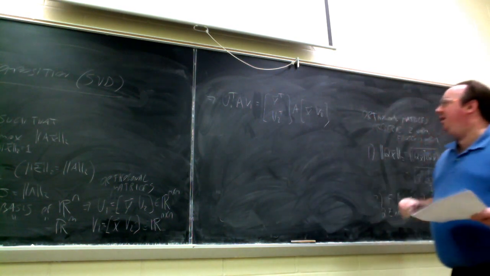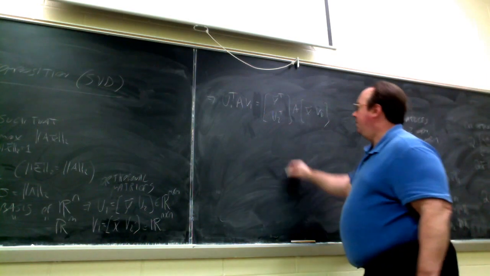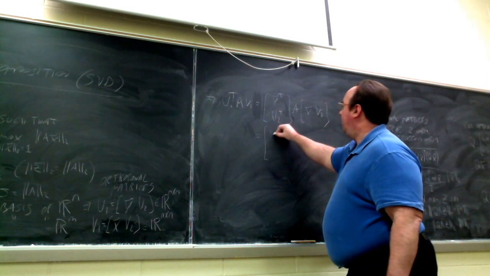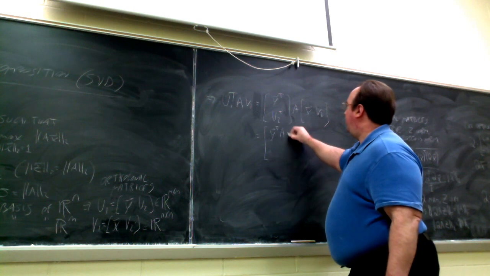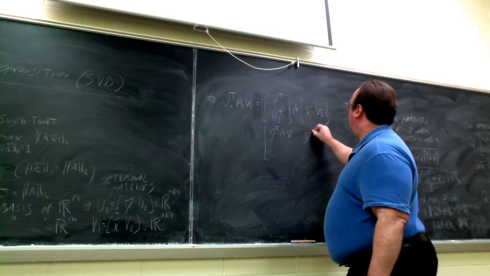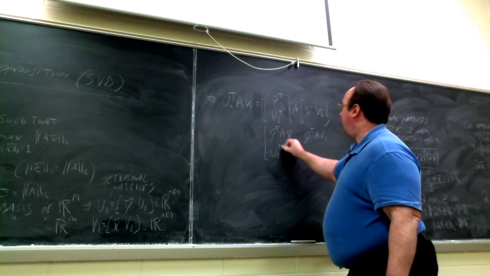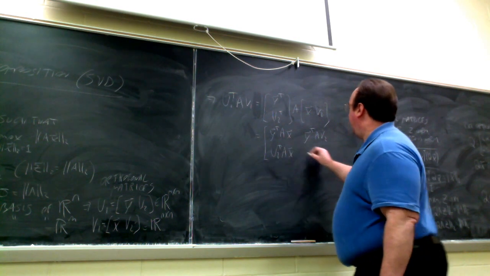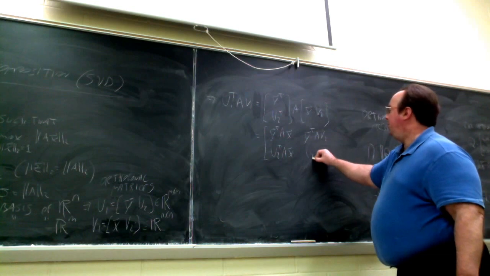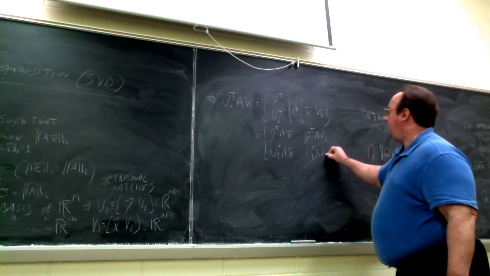Now I can carry out all the multiplication, and what I get is y transpose Ax, y transpose AV2, U2 transpose Ax, and then U2 transpose AV2.